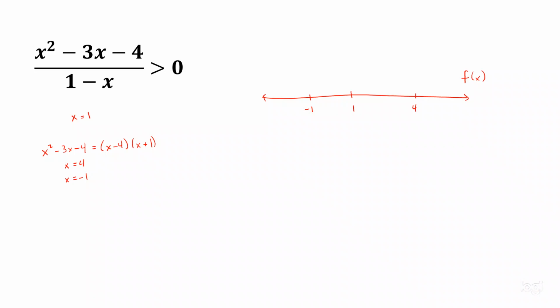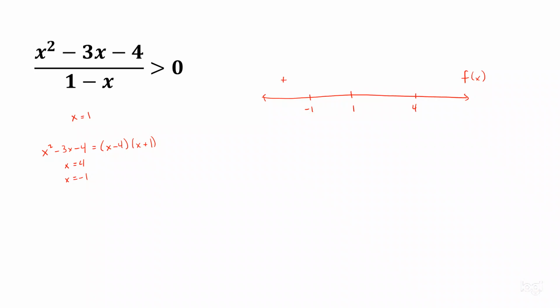So again, to the left of negative 1, we choose a really large negative number. The numerator is going to be positive because it's dominated by the leading term, which is x squared. And the denominator is also positive because we're subtracting this really large number. So the function is positive.